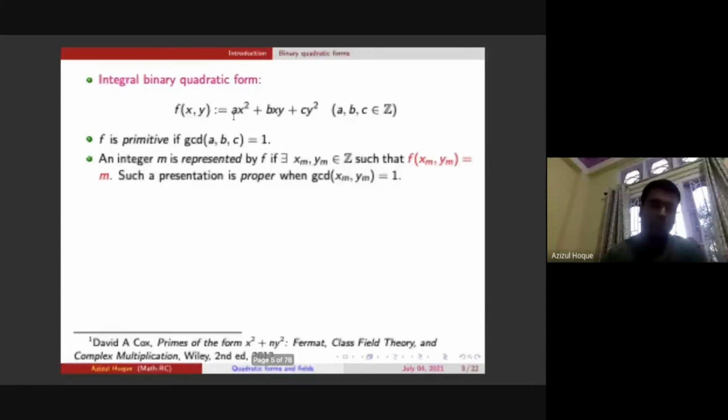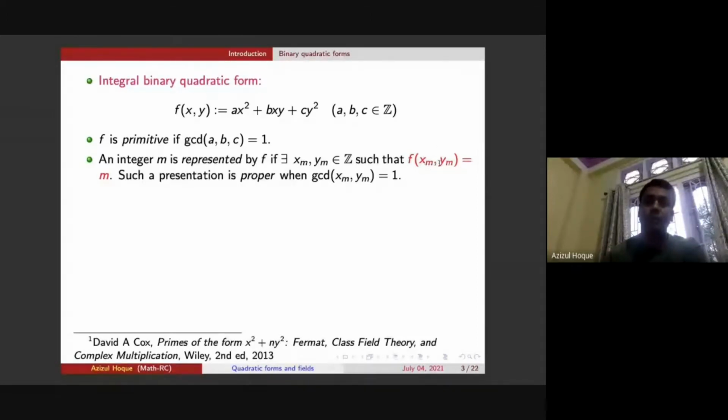So an integer m is represented by f if we can find integers x and y such that the value of this form at those two points is equal to m. That means m can be considered as the value of this binary quadratic form.